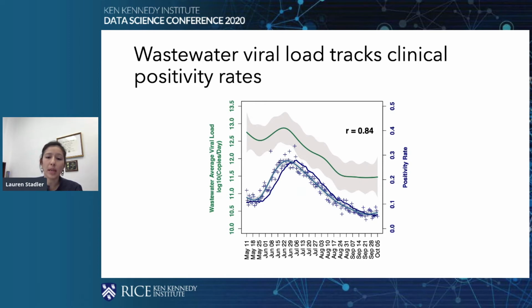We've also performed a cross-correlation analysis between these two series, and we see that wastewater information can provide actually up to a 2-week leading indicator of positivity rate changes. And so again, this just demonstrates that this approach is sound and that it can potentially be used to get an early warning on when we'd expect to see rises in cases.